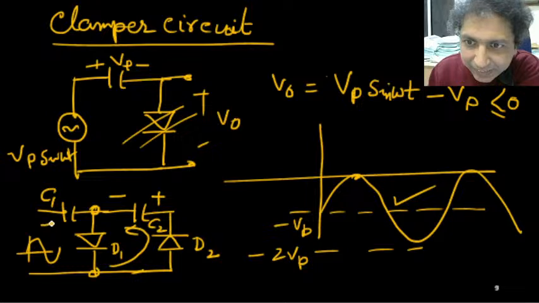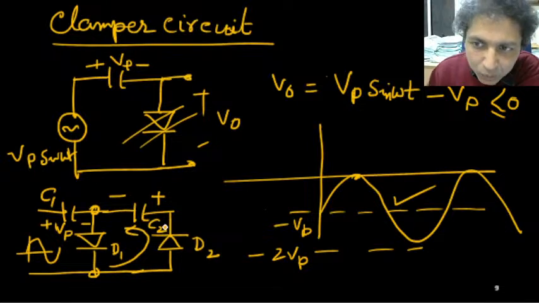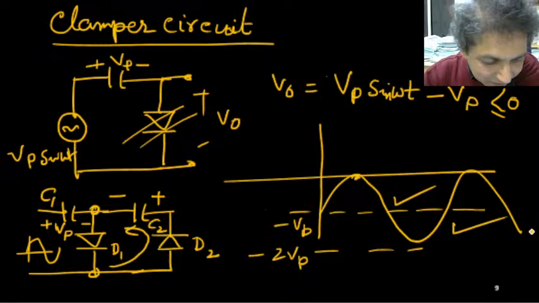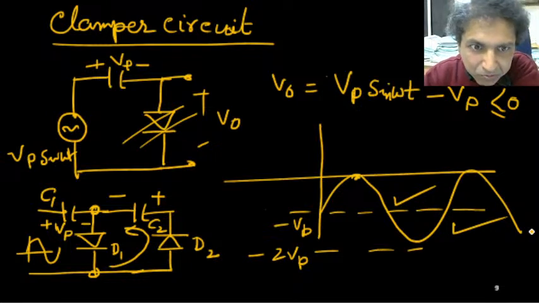I have said that capacitor C1 will have the potential up to Vp, and capacitor C2 will charge up to the maximum potential. So what is the maximum potential in this figure? Okay, anyone can tell me?